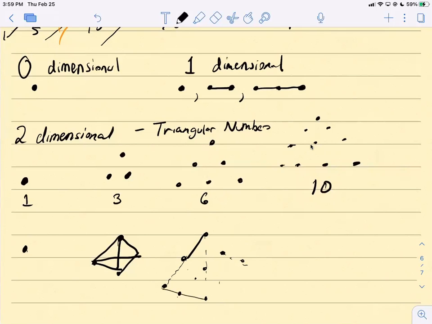So we get these connected like that. And this goes like this, and the bottom there. I'm not super happy with that drawing, but yeah.